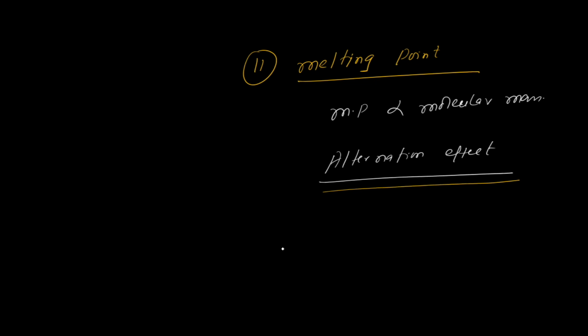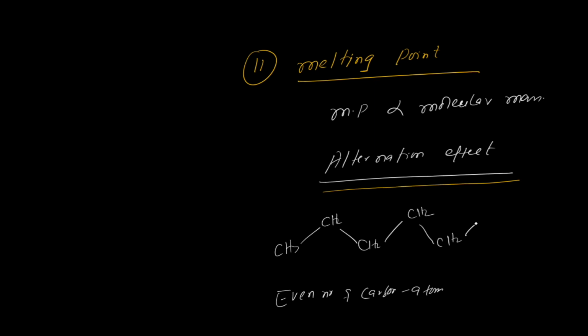Okay, how? Have a look here. We take the example of even number of carbon atoms. Suppose we take n-hexane. Hexane can be written as CH3-CH2-CH2-CH2-CH2-CH3, with 6 carbons.